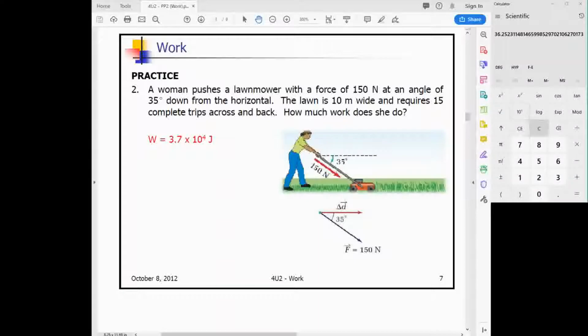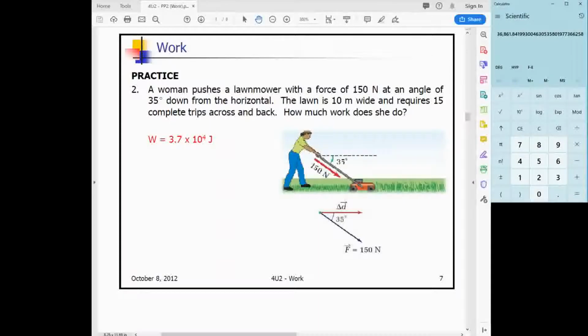Here's another situation, a woman pushing a lawnmower. The angle the lawnmower makes is 35 degrees. The force is 150, so 150 newtons times cosine of 35, and we have to also multiply by the amount of trips done, which is 10 times 2 times 15. So we have 36,861.